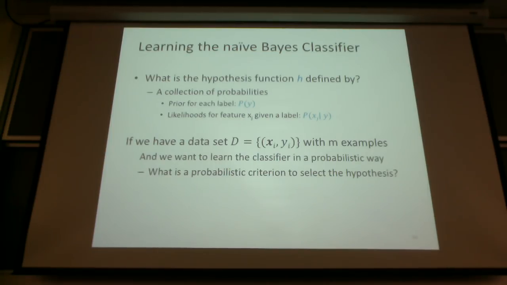What learning criterion could you use? Most probable. If you want to be fancy, you could call it MAP, maximum a posteriori learning. Or, if you want to be somewhat simpler than that, you could use maximum likelihood learning. So, if you are Bayesian, the probabilistic criterion to select hypotheses is either maximum likelihood or maximum a posteriori estimation. MAP learning or MLE.